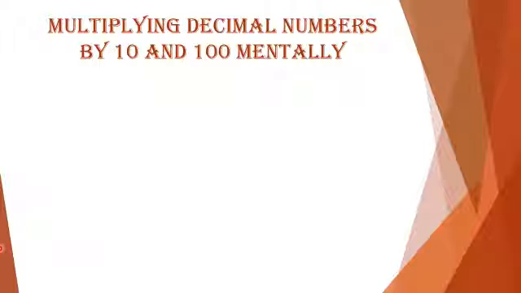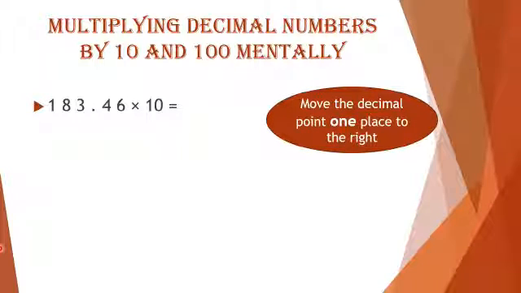Multiplying decimal numbers by 10 and 100 mentally. 183.46 times 10. We have to move the decimal point one place to the right since we are multiplying by 10. In this way, I move the decimal point and the answer will be equal to 1834.6.